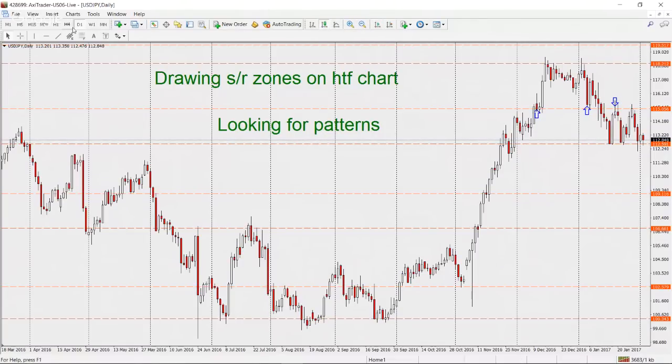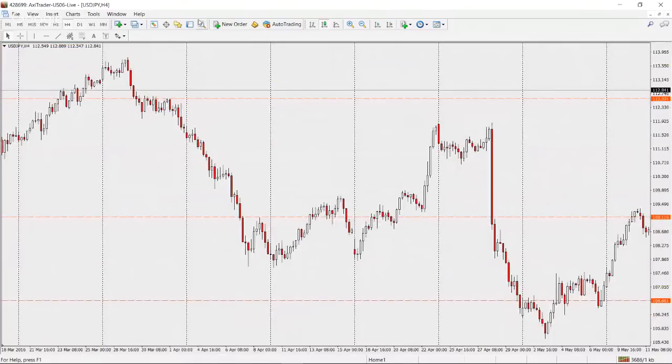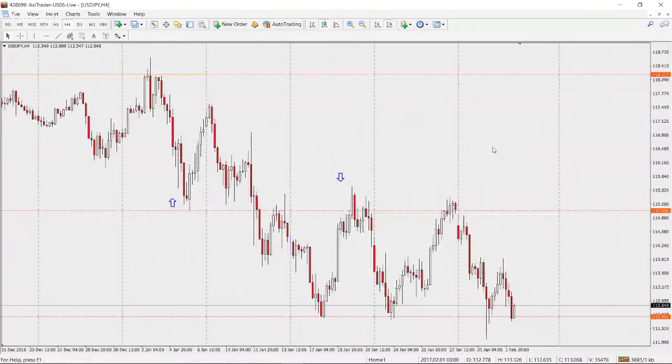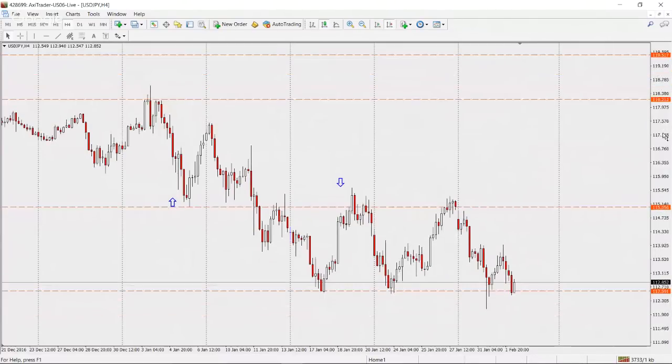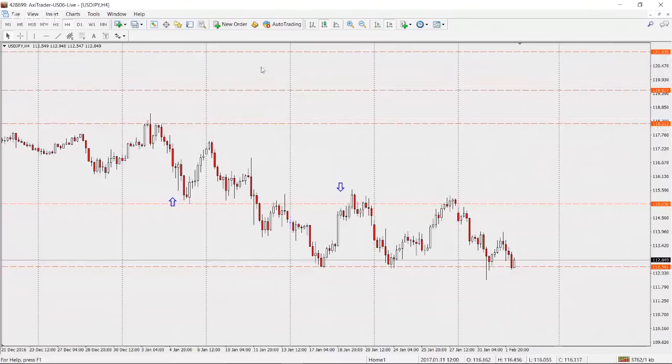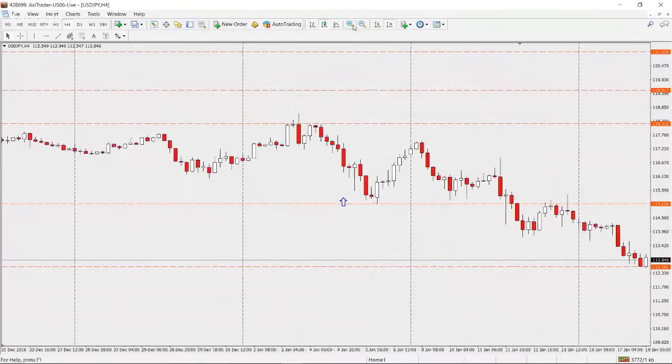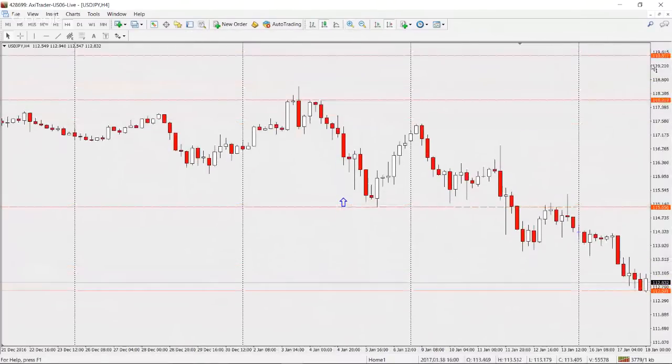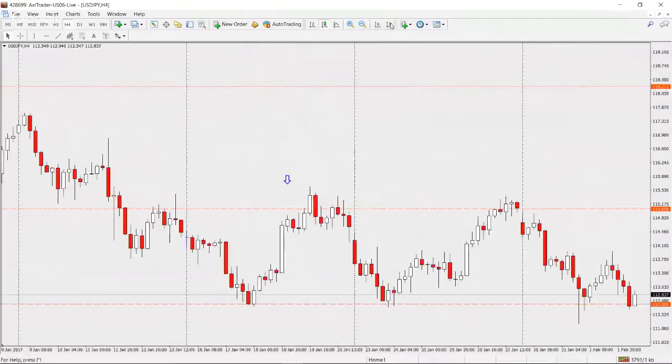Now remember, we're on 4 hour here, so we can actually break it down and look for some reliable patterns. I'll show you a few of those. I know a lot of you probably read the book that I wrote, Naked Forex. In the Naked Forex book, there's tons and tons of patterns, but we'll go over a few right here.